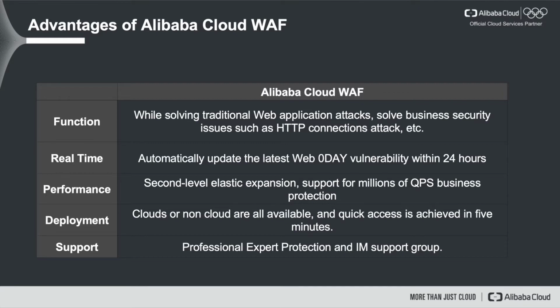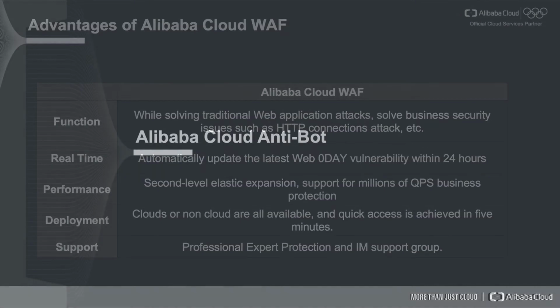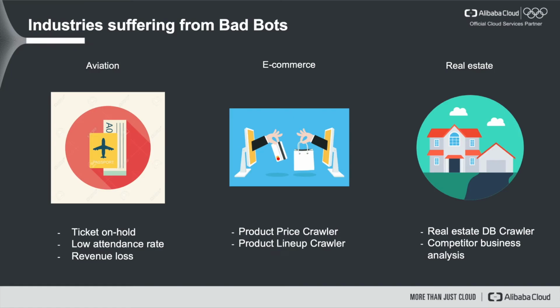It's easy to implement. Setup and activation can be done within the minutes. There is no need to install any hardware or software, perform any router or switch configuration. Alibaba Cloud Anti-Bot provides comprehensive bot defenses for web applications, websites, mobile applications, and APIs. It can effectively reduce the risk caused by specific vulnerabilities.